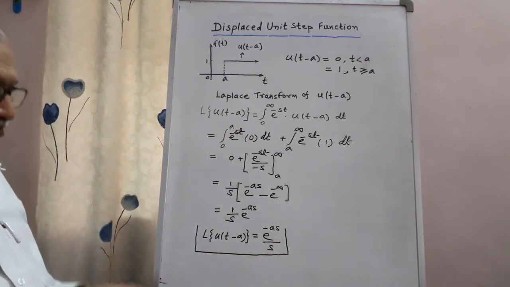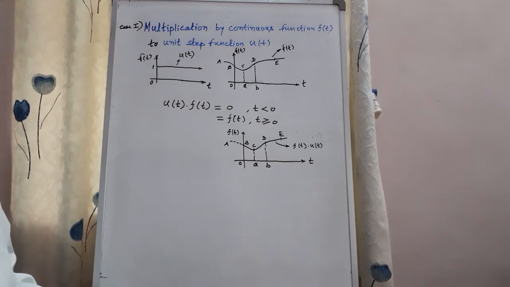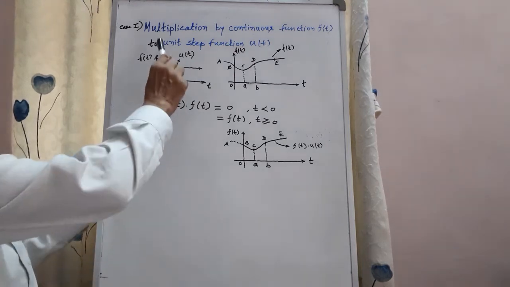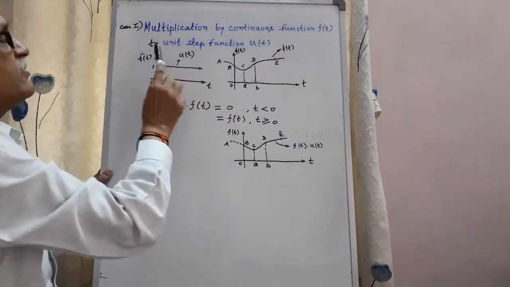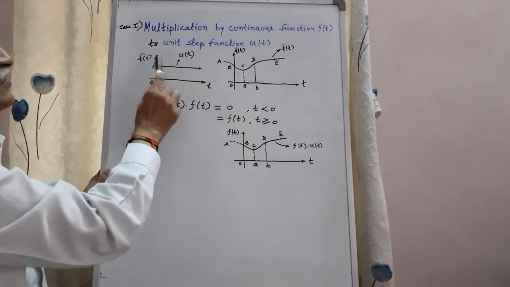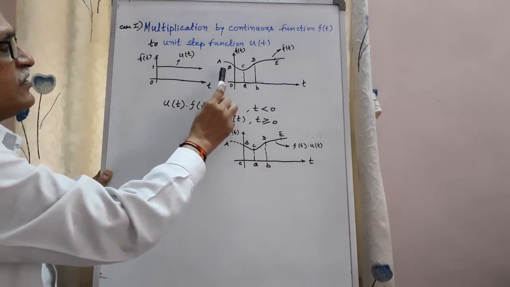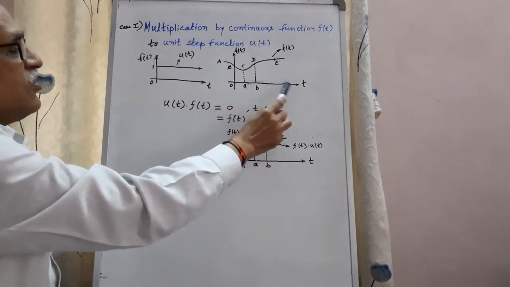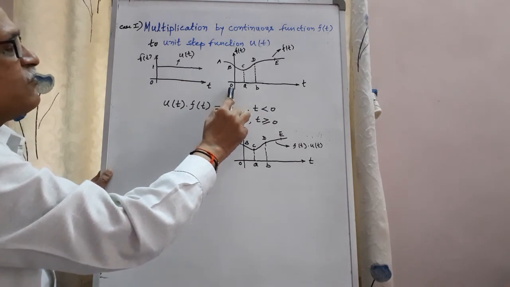Okay, we try to see some cases for multiplication. Here, multiplication by continuous function f of t to unit step function u of t. This is the continuous function f of t. On x-axis we take the values of t, on y-axis we take the values of f of t.